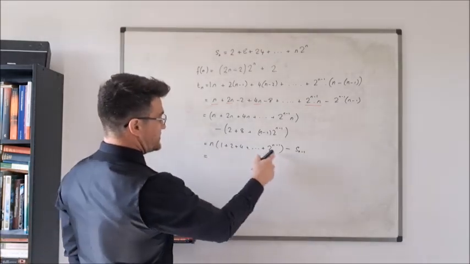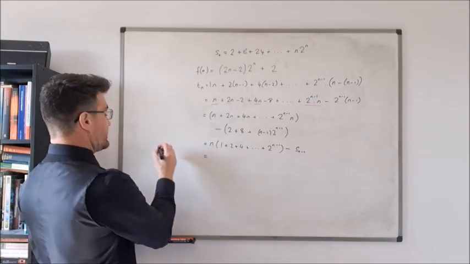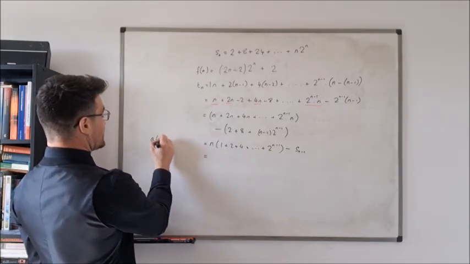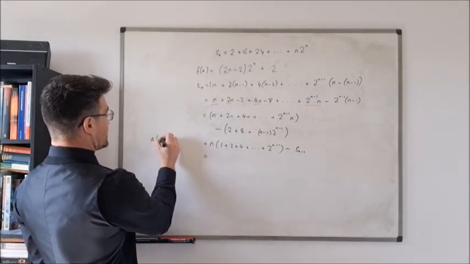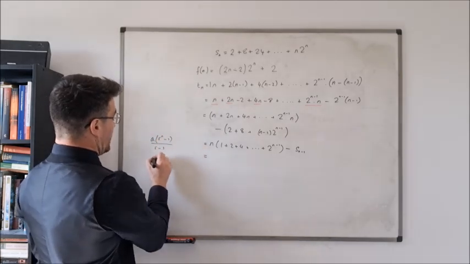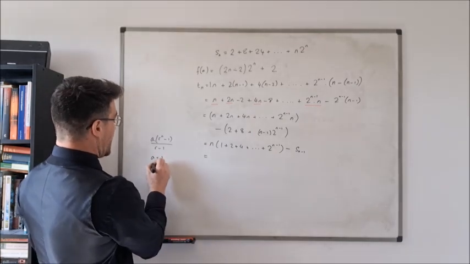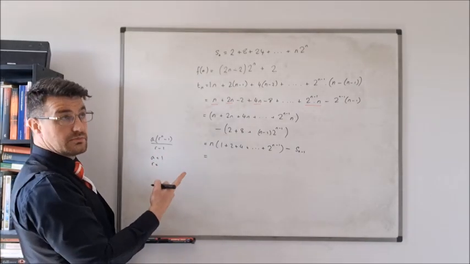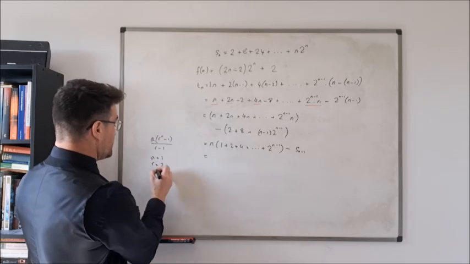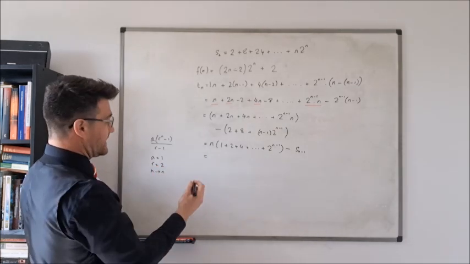So this geometric series here: the sum of the first n terms of a geometric series is a times r to the power of n minus 1 over r minus 1, where a is the first term, which in this case is 1, r is the common ratio, which is 2, and n is the number of terms, so n is just equal to n.